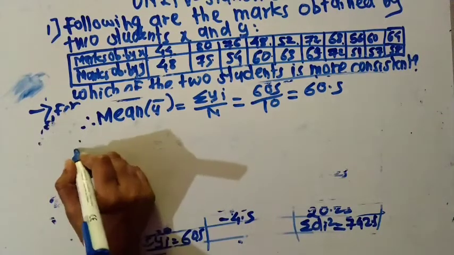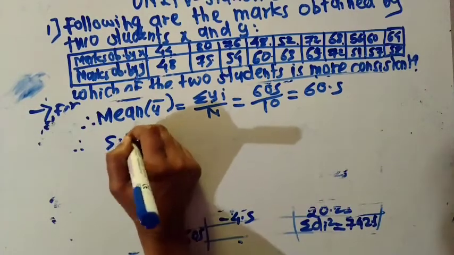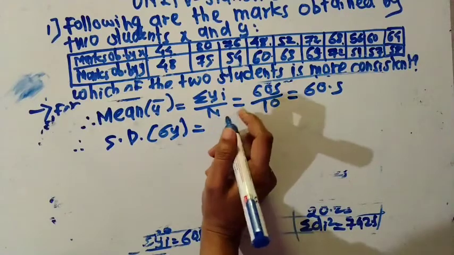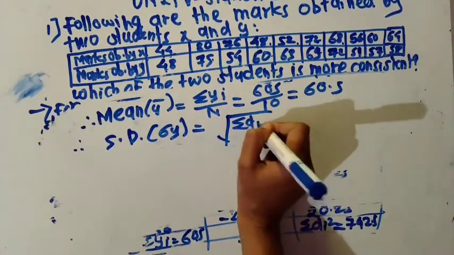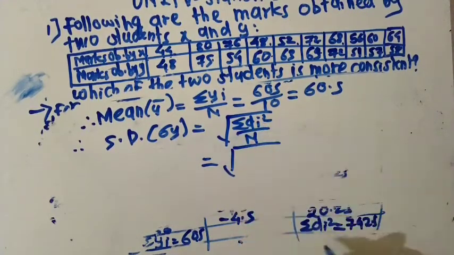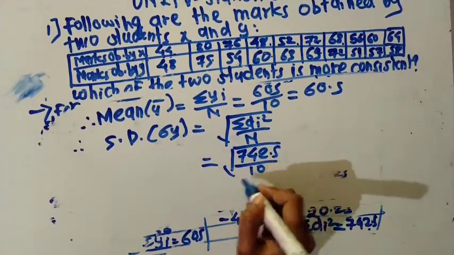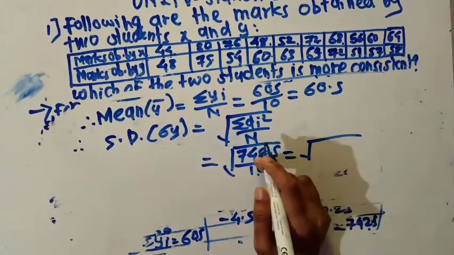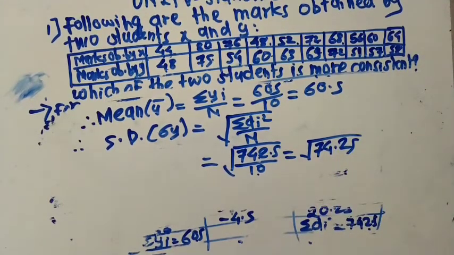And then find out the standard deviation sigma y, which is equal to root of summation of di square upon n, is equal to root of 742.5 upon 10, which is root 74.25.